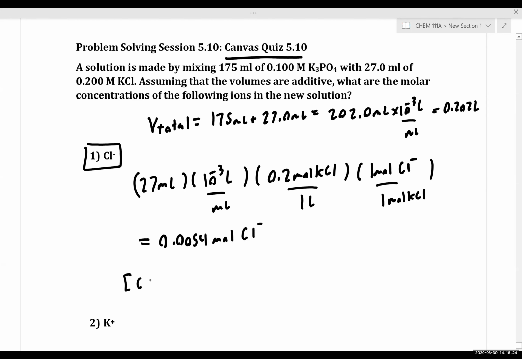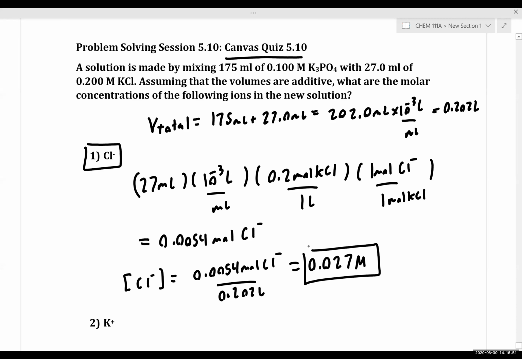And then our concentration of chloride is equal to the moles of chloride over the volume, which is 0.202 liters. Which in turn gives us 0.027 molar.